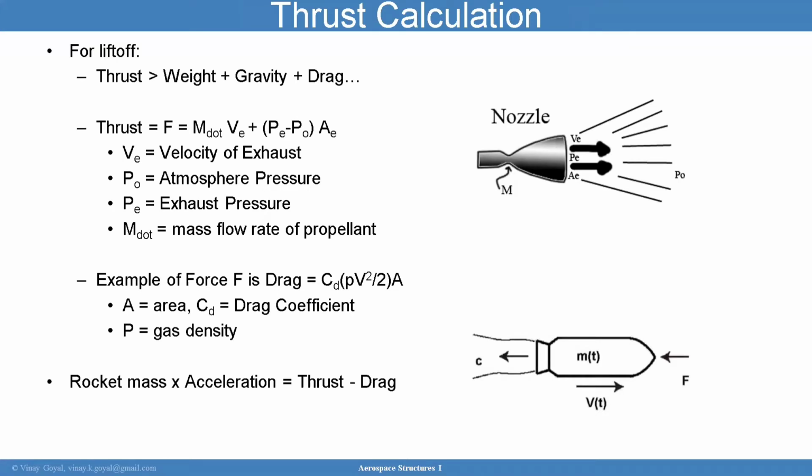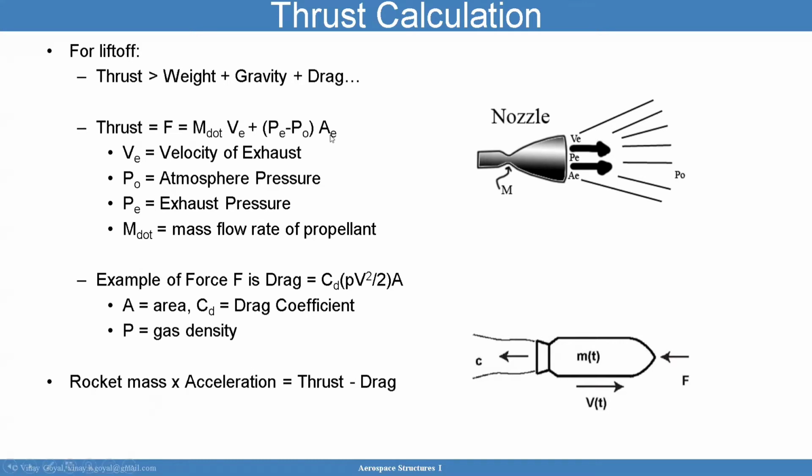Continuing on, it's quite important that the thrust calculation account for all the effects. You have the weight and gravity and drag, and the thrust has to overcome these components of load. The thrust is in essence the mass flow rate times the exit velocity, plus the difference between exhaust pressure minus atmospheric pressure times the exit area.